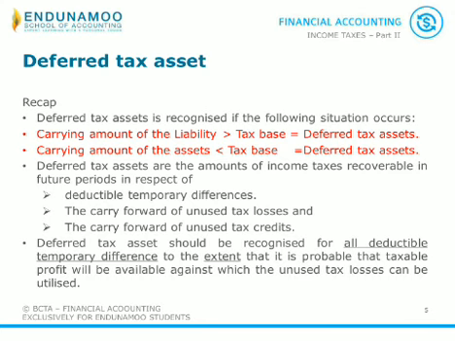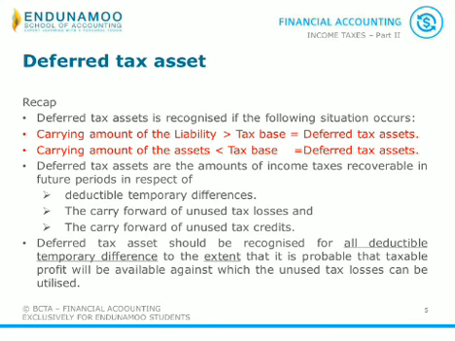So we said that a deferred tax asset is recognized if the following situation occurs. The carrying amount of the liability is greater than the tax base, then we will land at a deferred tax asset. Also, when the carrying amount of the asset is less than the tax base, then we will also arrive at a deferred tax asset.